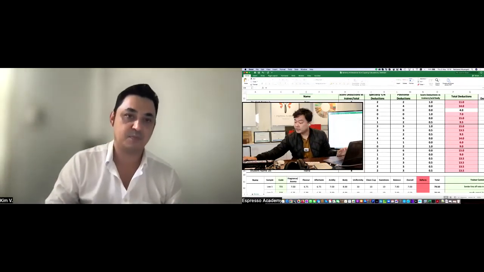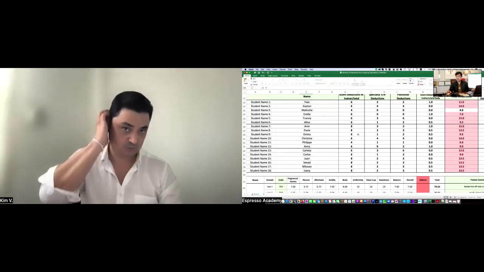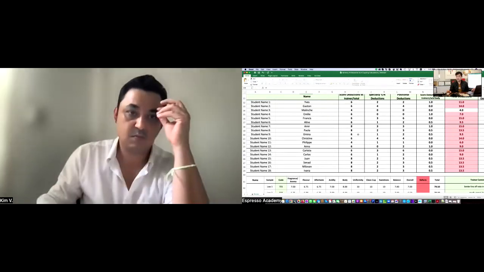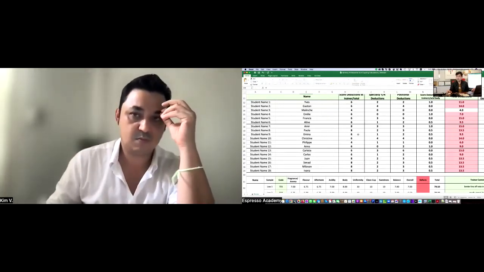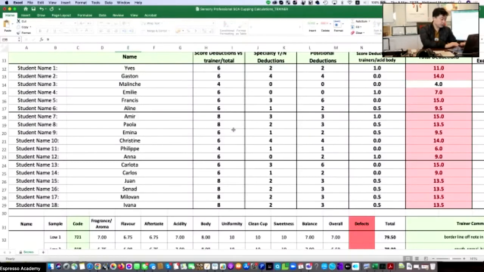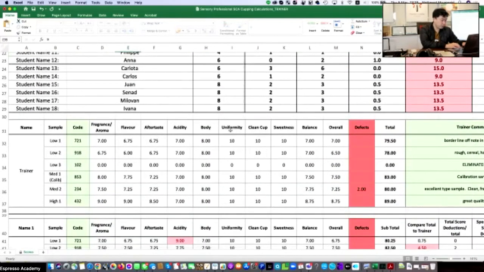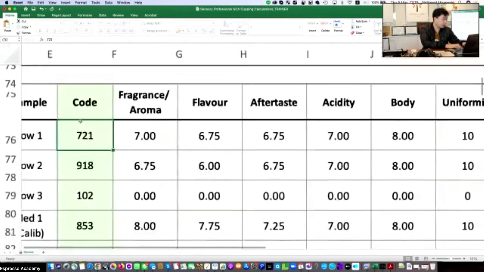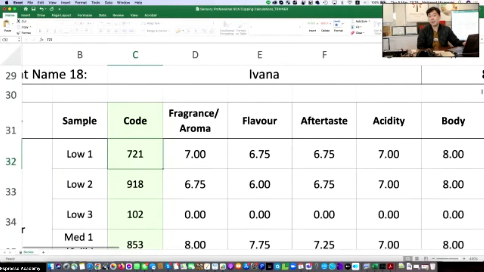Thank you. Because for example, when we look at this table here, you see that they are of the same sample. So you can see that one sample of the uniformity is, for example, coffee 721. 721 would have 5 cups in front of you, coded as 721. 918 will have 5 cups in front of you, coded as 918.